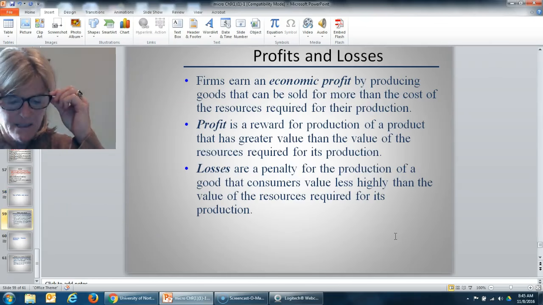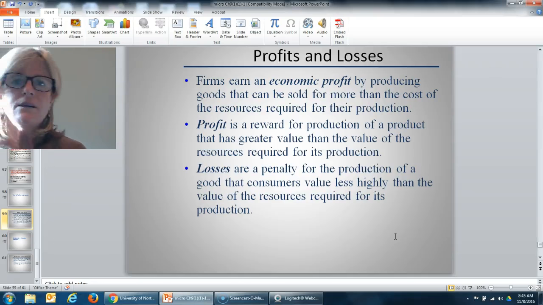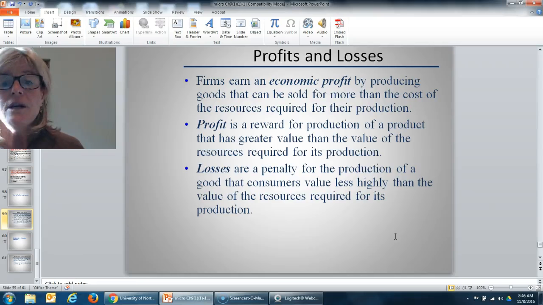You've taken yogurt, you've taken a building, you've taken labor, you've combined them. And the amount that you paid for those resources is the amount that they were worth in alternative uses, right? You attract these resources, and the price that you pay is the amount that they could get elsewhere. Well, what you've done is you've raised the value of those resources. If you have profits, then that means you've combined these resources really, really well and raised their value. So it's a reward for producing a product, for raising the value of those resources.